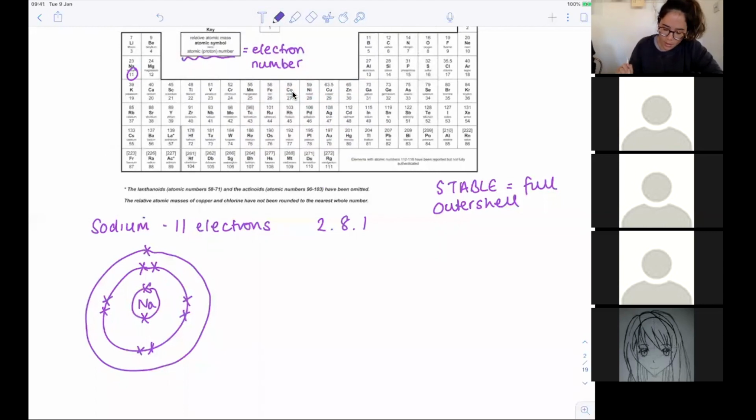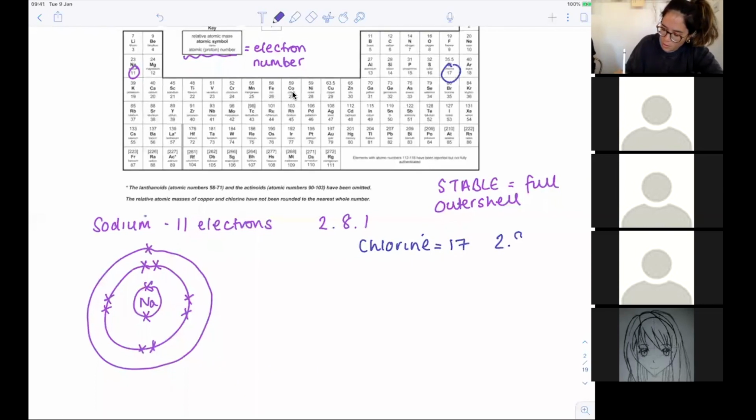So we've got sodium here, and now we're going to take a look at chlorine. If we look at that bottom number again, we can see that it has 17 electrons. So we can write that as 2,8,7. Let's now draw the chlorine electronic configuration.